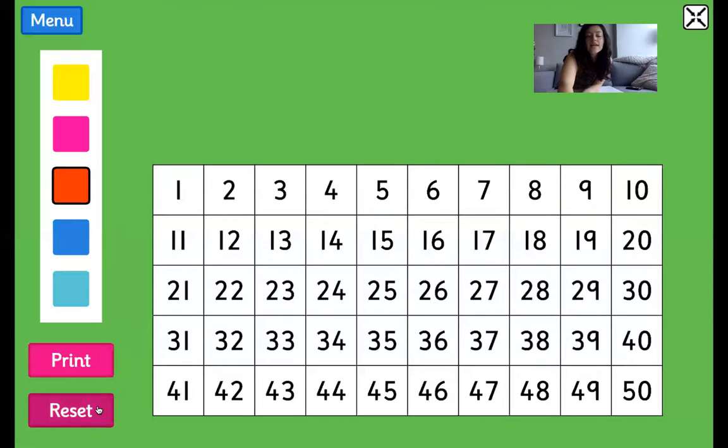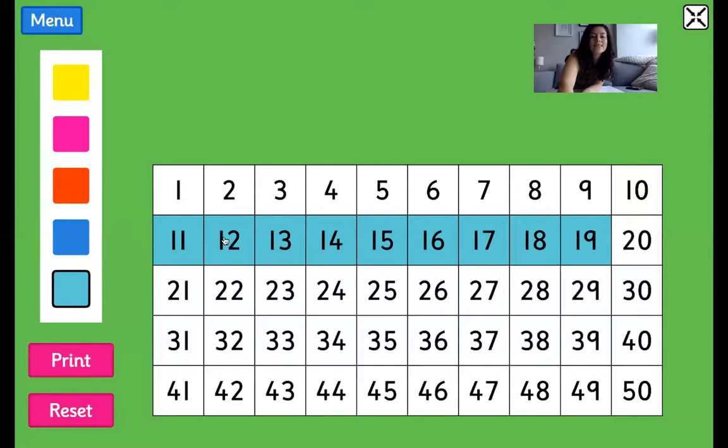And last one, can you please find the teens? For this one, you could think of teenagers. Teenagers are 13 years old, 14, 15, 16, 17, 18, 19. So we hear the word teen in these numbers. This is the teens family.